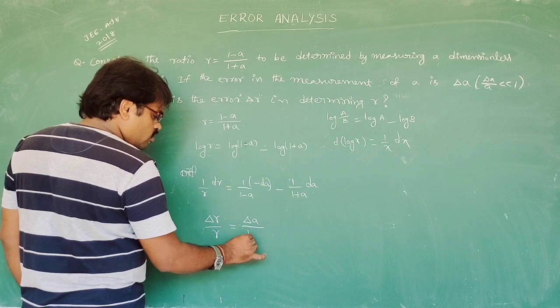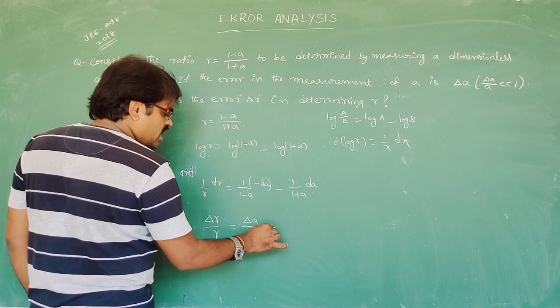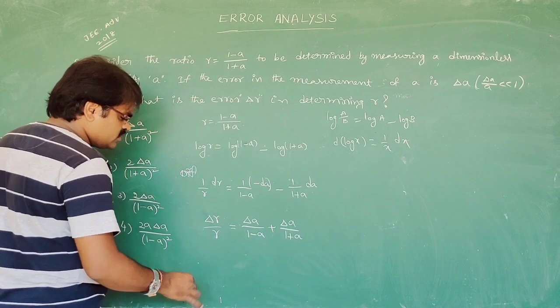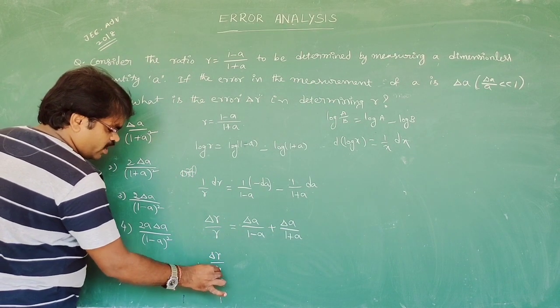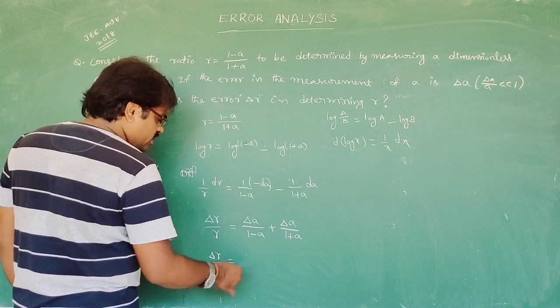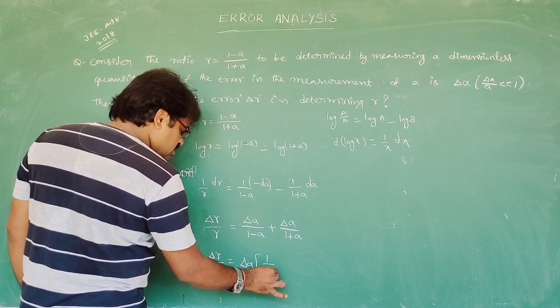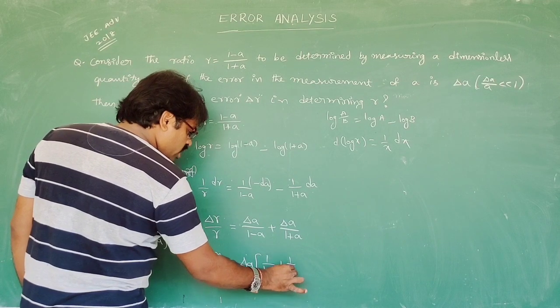Delta A by 1 minus A plus delta A by 1 plus A. That is, delta R by R is equal to, here we can take common delta A, 1 by 1 minus A plus 1 by 1 plus A.